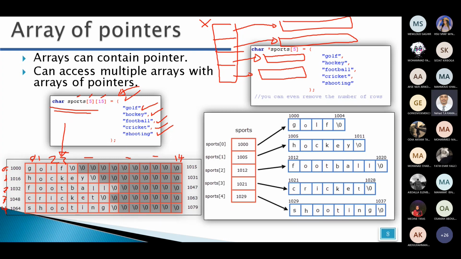The data inside this array is like this: golf, and it ends with null.